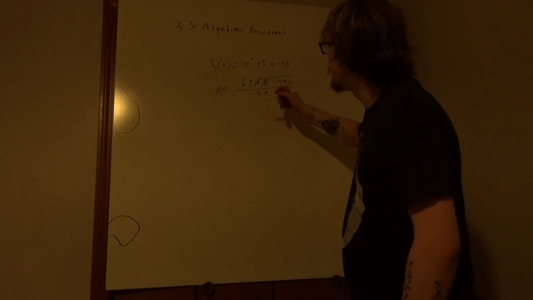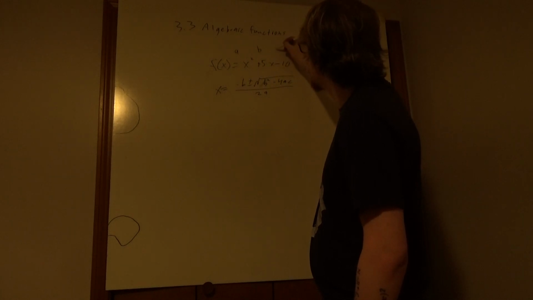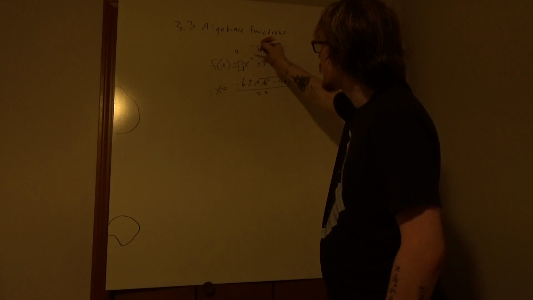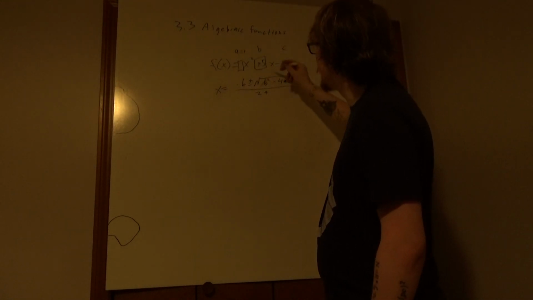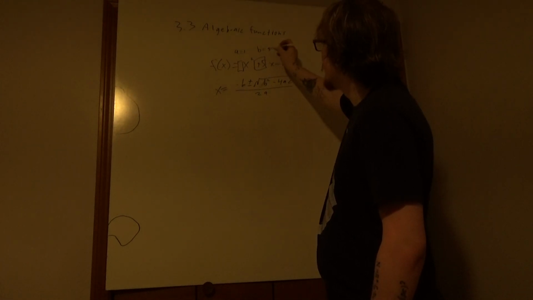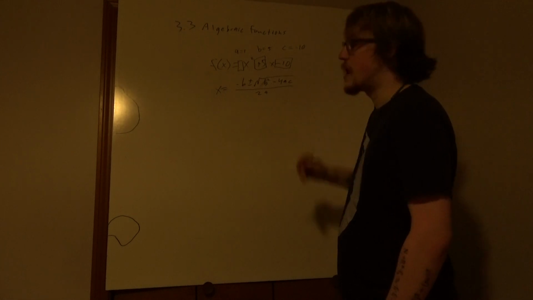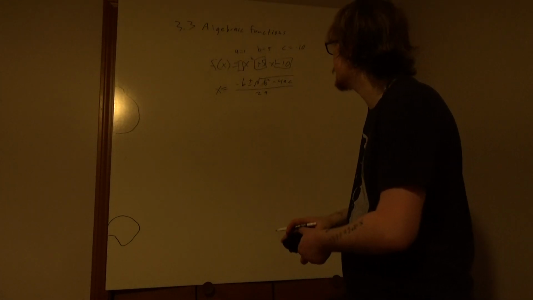And this, of course, corresponds to the coefficient here is A, the coefficient here is B, and the coefficient here is C. And we can see that since there is nothing in front of the x squared, that means that the coefficient is 1. Since there's a plus 5 in front of the x, that means that B is 5, and the constant term is negative 10, so C is negative 10. We can then take all these and plug them in to solve this.